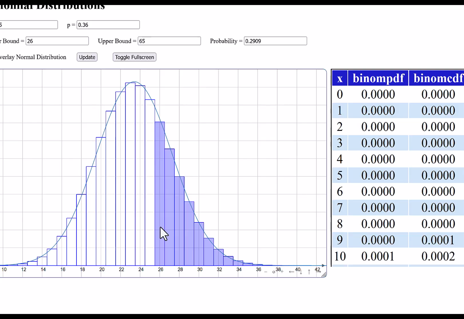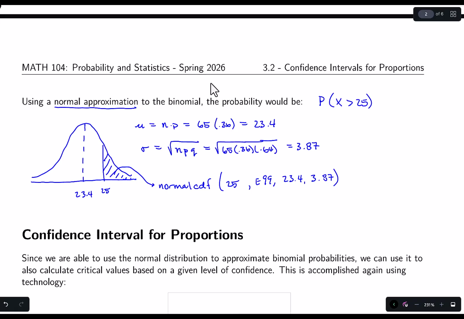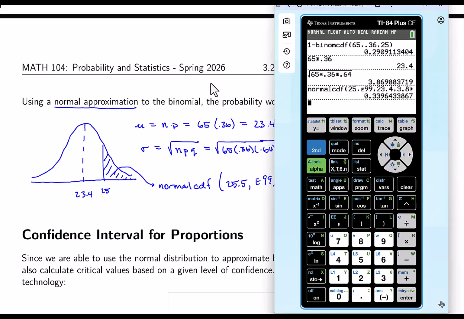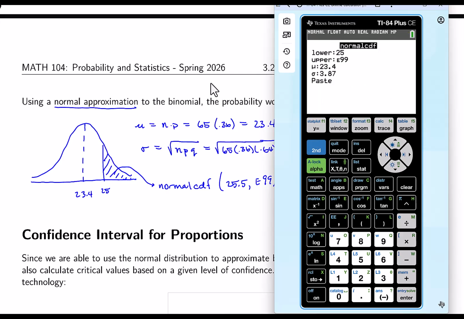So let me go back then to the notes and see the effect. Okay, so instead of going from 25 on, we're going to go from 25.5 forward. And we'll calculate that normal probability instead.